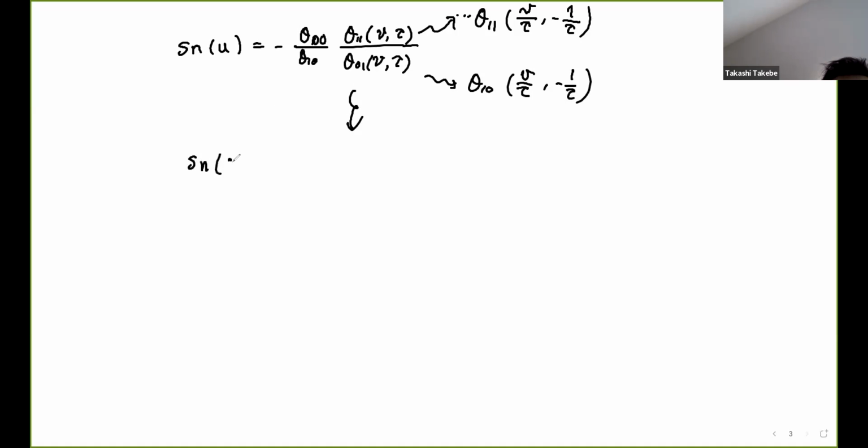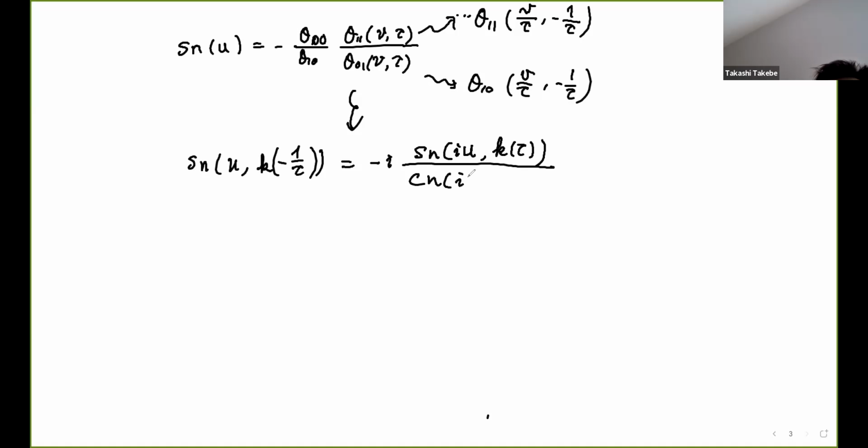Sn of u with this modulus is equal to this.